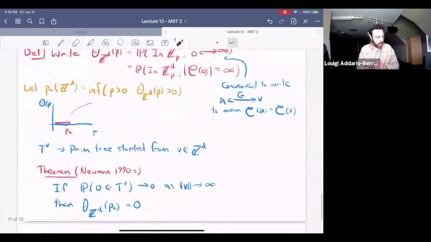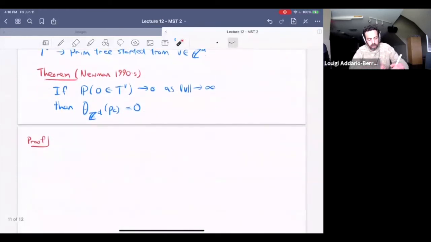I'll say that again when I actually use it. I'm going to, just for shorthand, write C_p(v) for the component containing v in the graph Z^d_p.